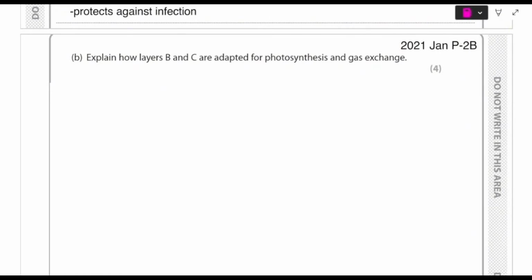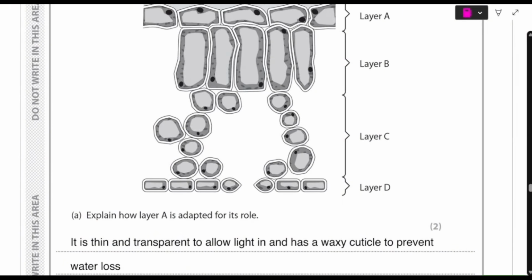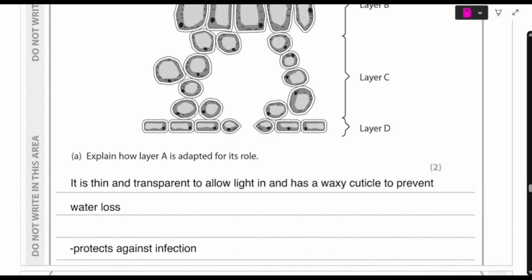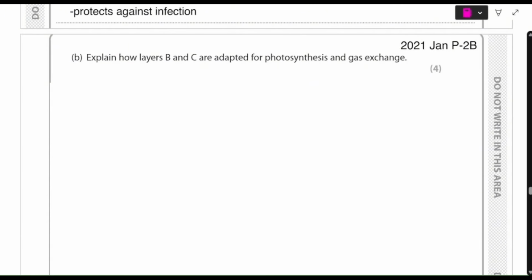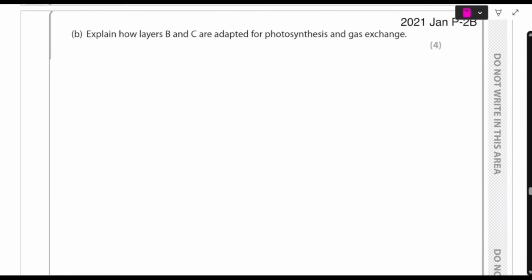Explain how layers B and C are adapted for photosynthesis and gas exchange. So let's look at B and C. B is the palisade mesophyll layer and C is the spongy mesophyll layer. The palisade mesophyll cells are tightly packed with each other containing a lot of chlorophyll, so they are mainly adapted for photosynthesis.